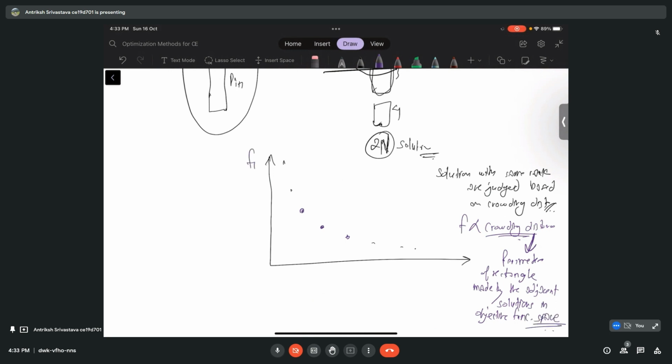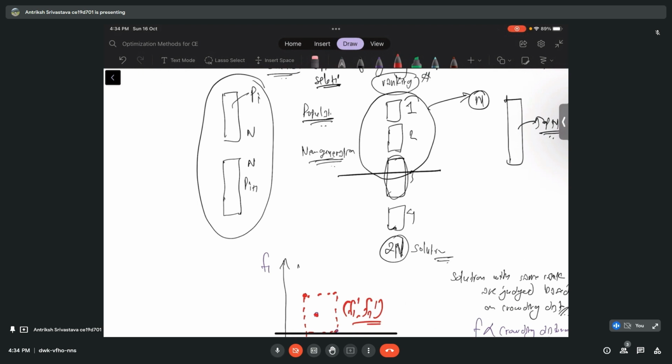So this is f1, f2, and this is your solution fi. Sorry, this is your f1 dash, f2 dash. You want to calculate the crowding distance, you get the perimeter of this rectangle. That will be the crowding distance.